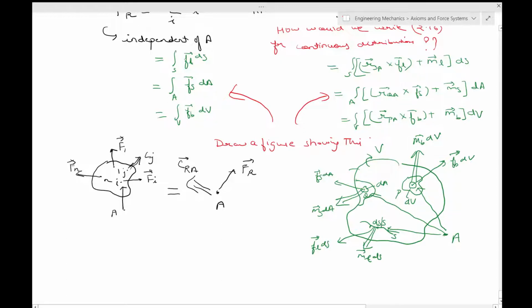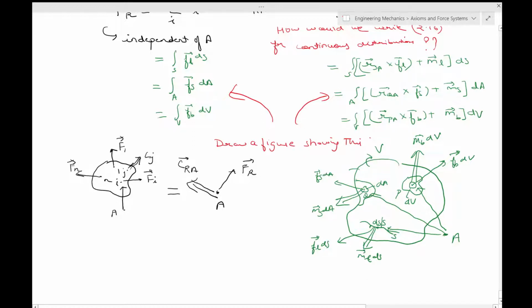So clearly this Fr which you see over here, let me draw a better one. Fr will have some angle. Fr is a vector, so it has its components Frx, Fry and Frz.